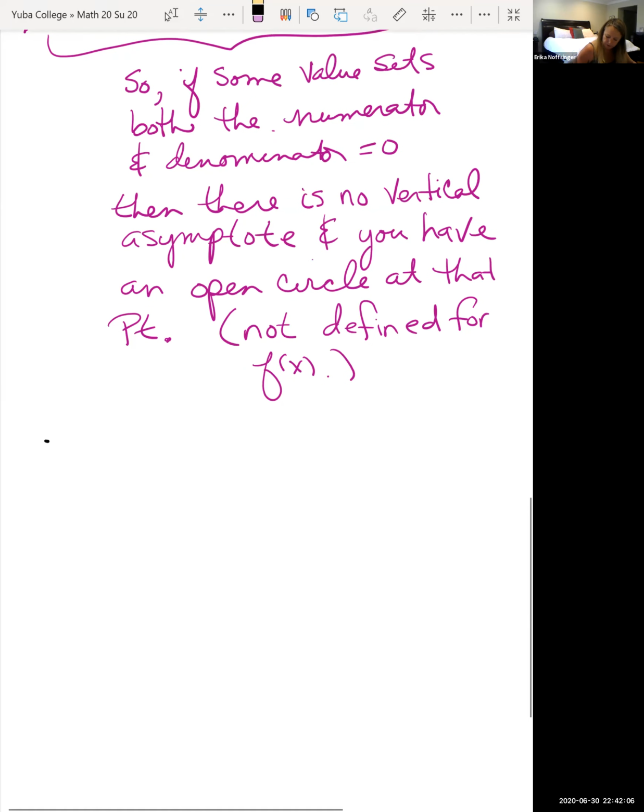So for example, let's say you were given r of x equal to x all over x to the 4th minus 1.